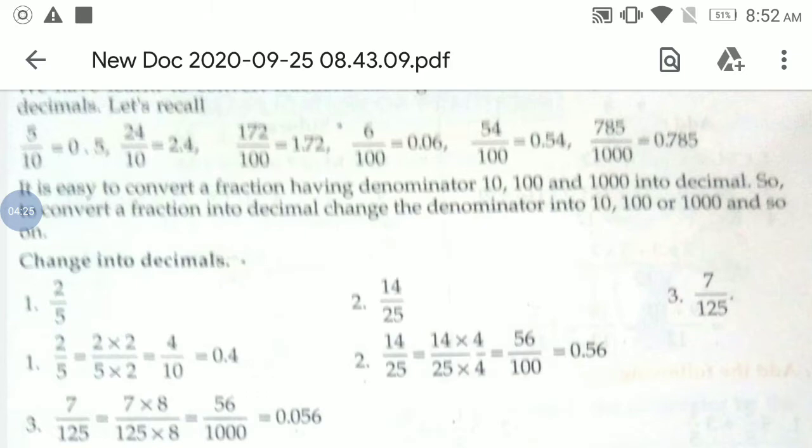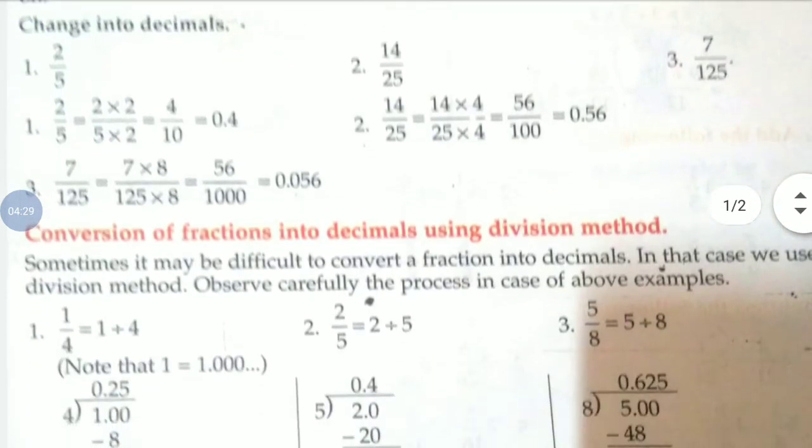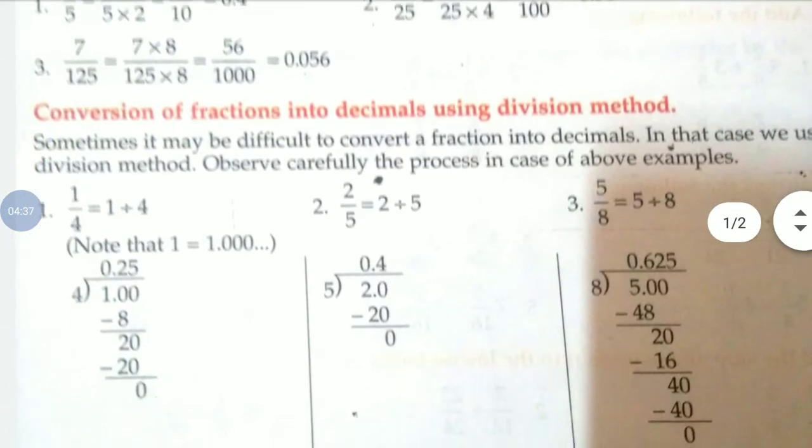Now some of the numbers are there which we cannot convert into 100, 1000 or 10. Another method is finding the decimal from the fraction by division.